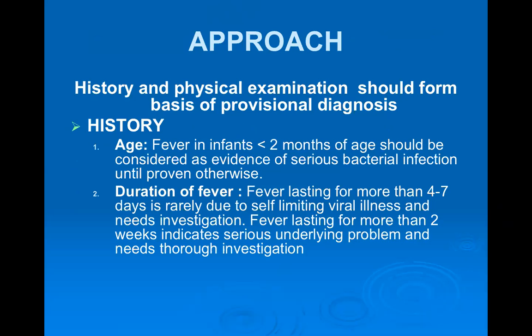We always start from history taking, then physical examination, then necessary investigation. Then what we do? We take important points from the history, important points from the physical exam, and important results from the investigation. We interpret it and ultimately reach the diagnosis. This is known as approach.